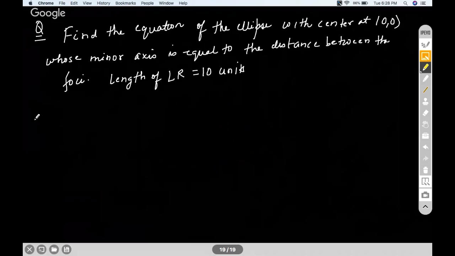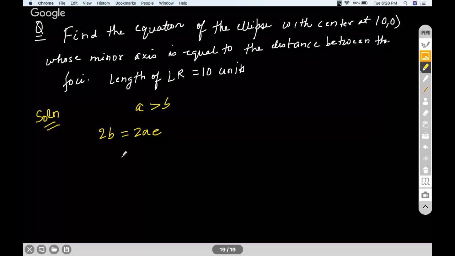So you may assume your A to be greater than B in this case. So what is the first thing given to us? The first thing given to us is 2B is equal to 2AE. The length of the minor axis is equal to the distance between the foci, which means B is equal to AE.